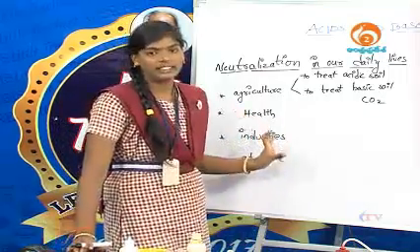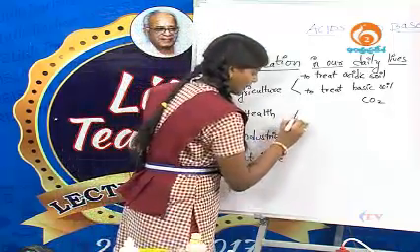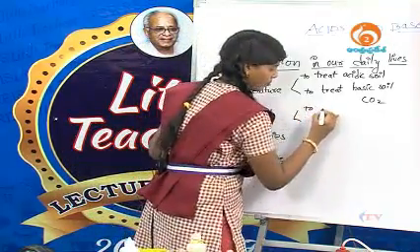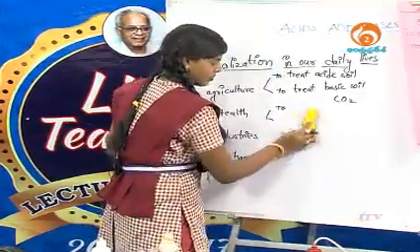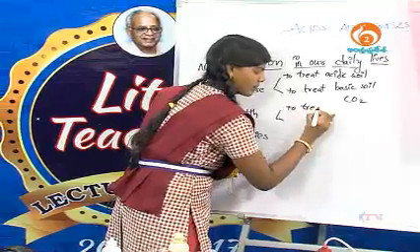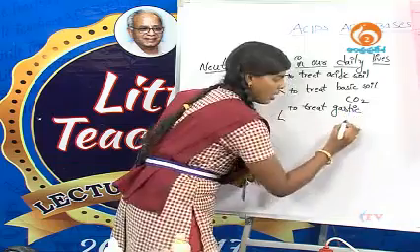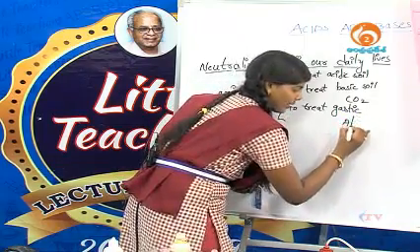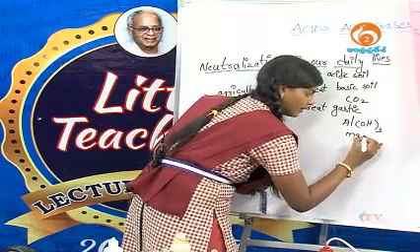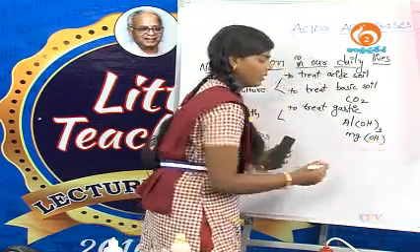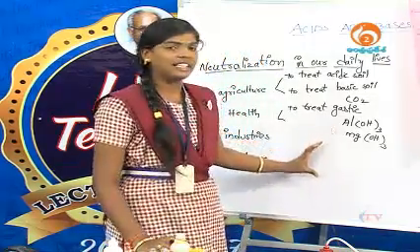Antacids are medicines containing bases such as aluminum hydroxide and magnesium hydroxide, to neutralize the excess acid in our stomach.